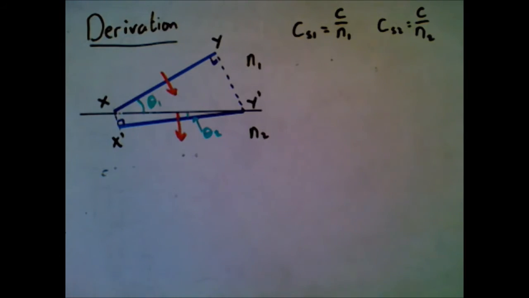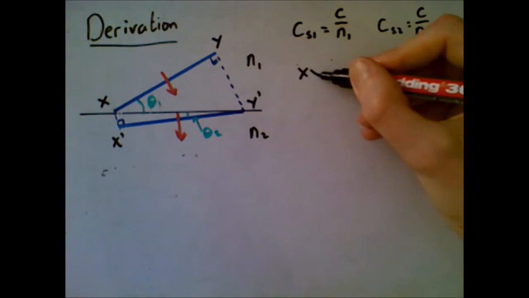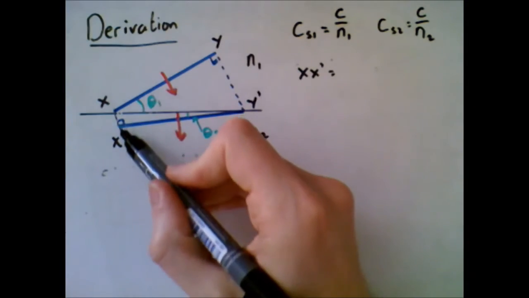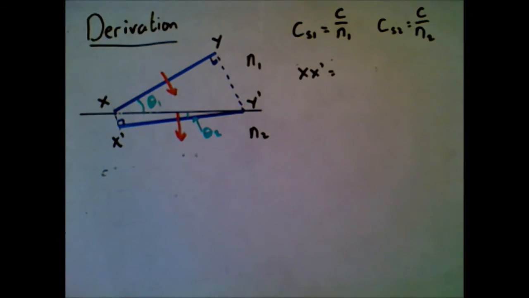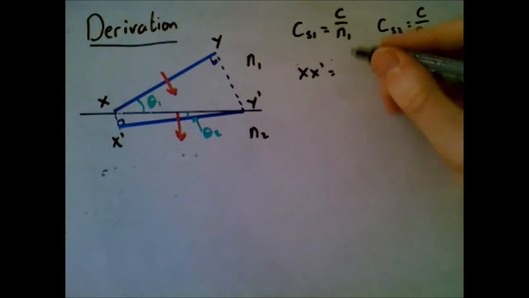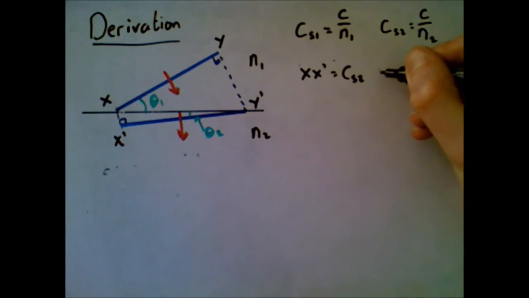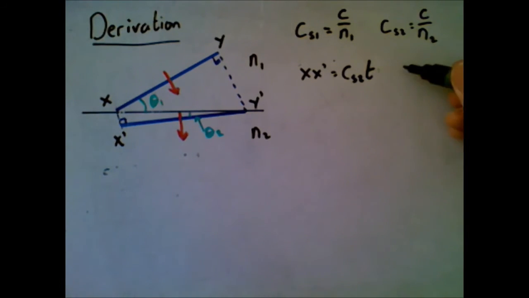If we call that time t, x prime, so that's this distance, well, distance equals speed times time. So the speed of the light here is cs2 times t. And similarly, y prime on this side is cs1 times t. Okay, we'll come back to those in a sec.